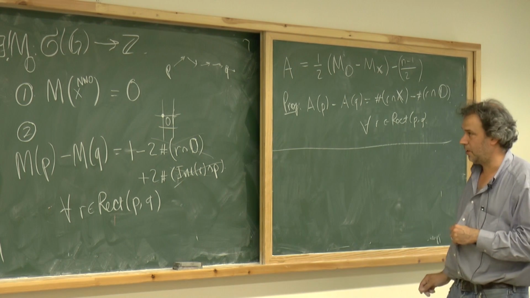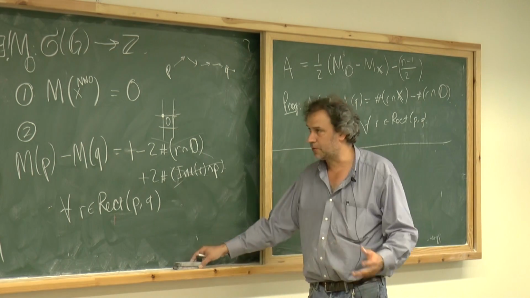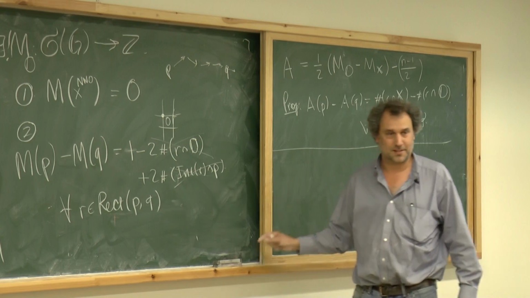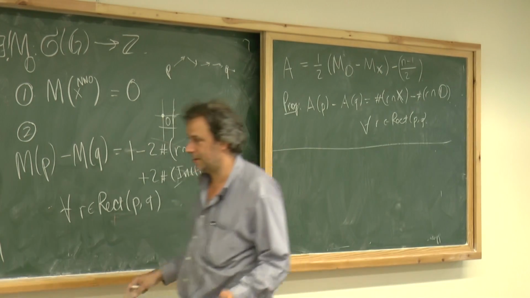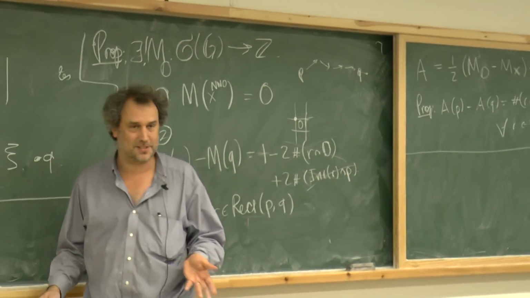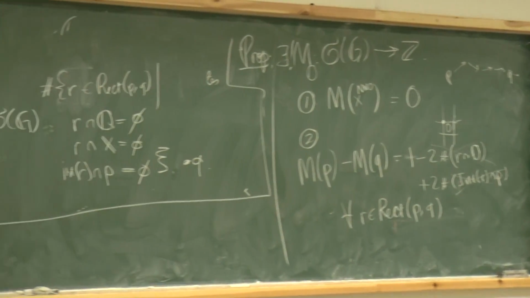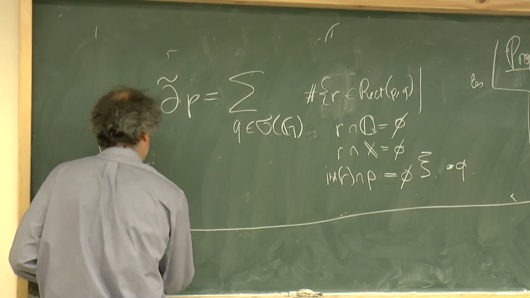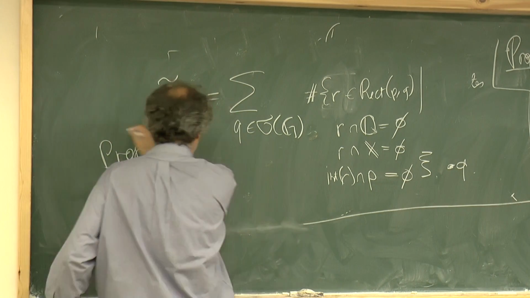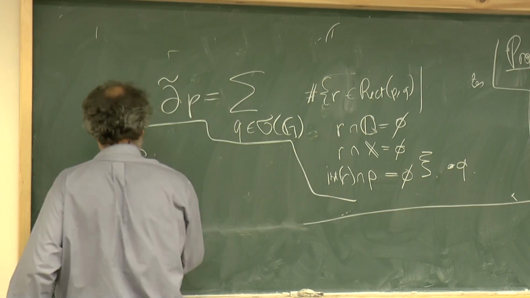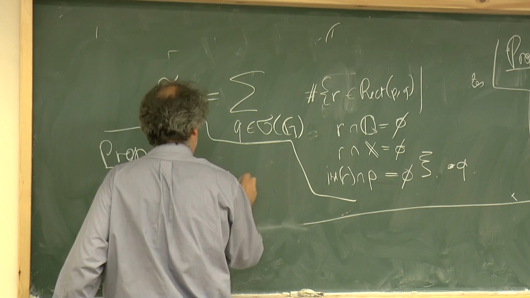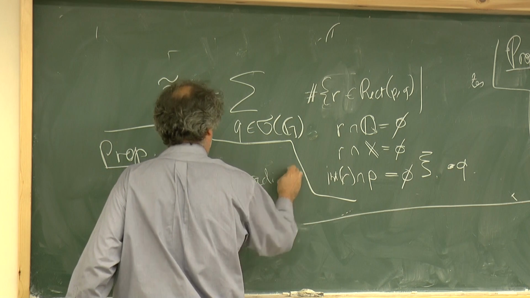Okay. So, great. So one thing is, here are two kind of obvious things. One is the following proposition: that this differential drops the Maslov grading by 1.